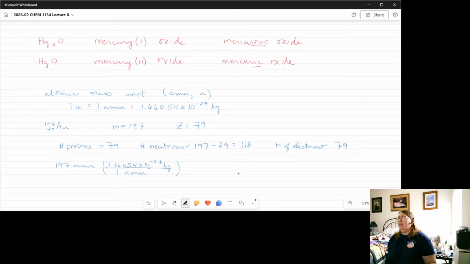I will remind you mathematically that if I have A equals B, if I divide both sides by A, I get 1 equals B over A. And anything multiplied by 1 is the same thing.